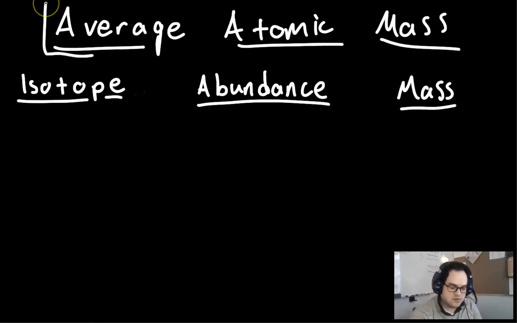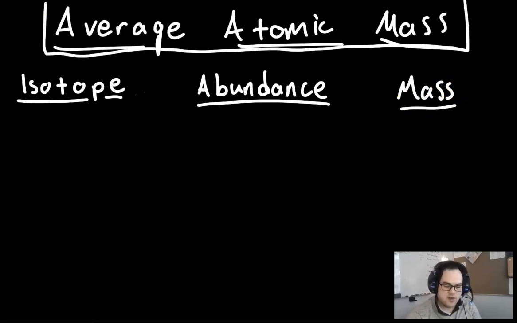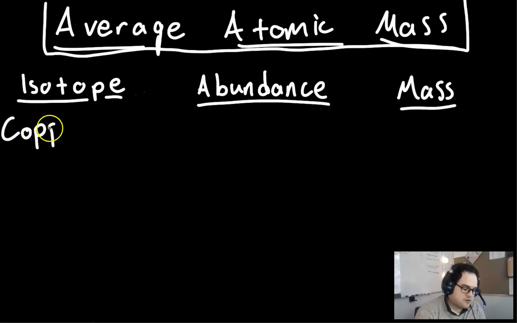So I just want to box this out of the way. Our first isotope, and I'm pulling this straight off of the practice pages, is copper 63.